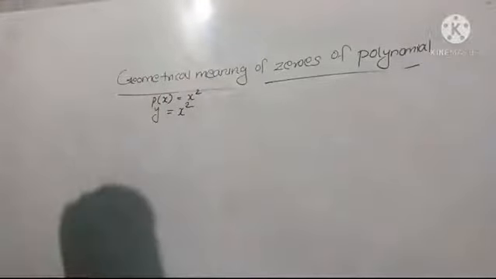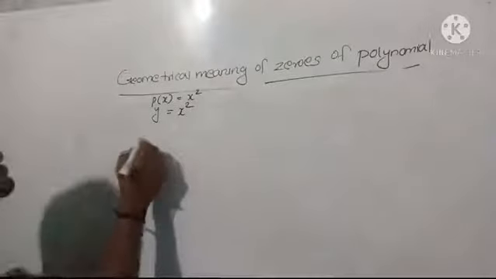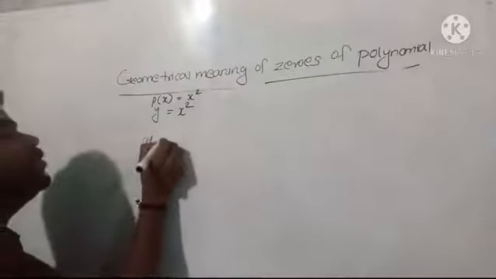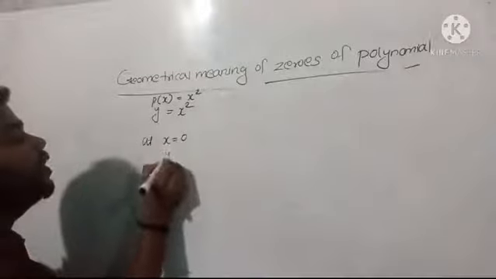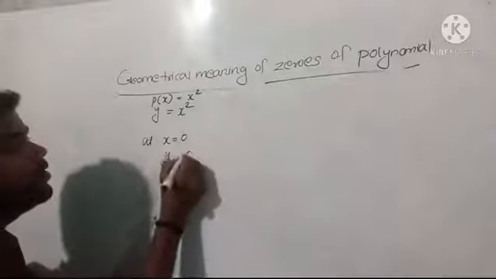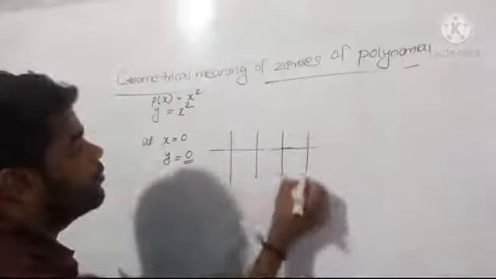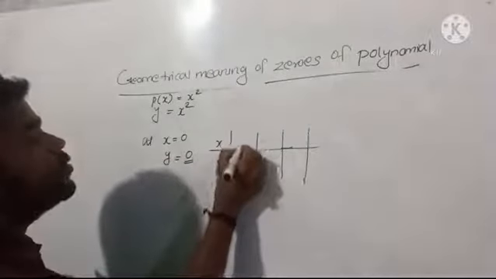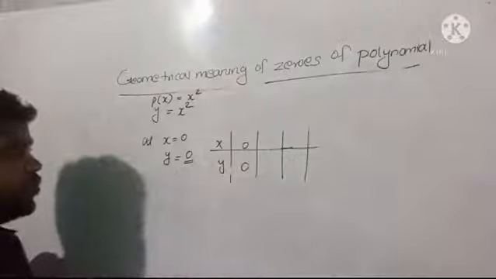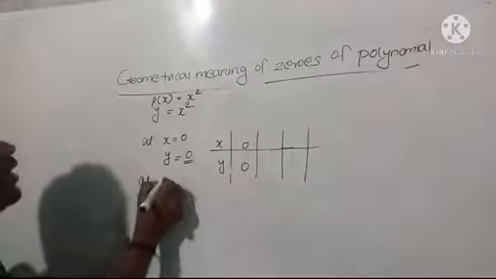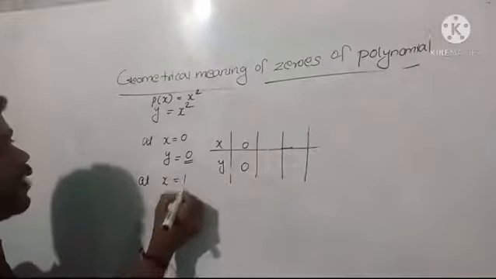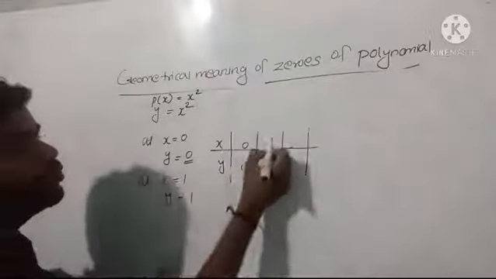Then let us see some values. At x equal to 0, what is the value of y? y equal to 0. So when x equals 0, y is also 0. At x equal to 1, what do we get for y? y is equal to 1 square, that is 1.